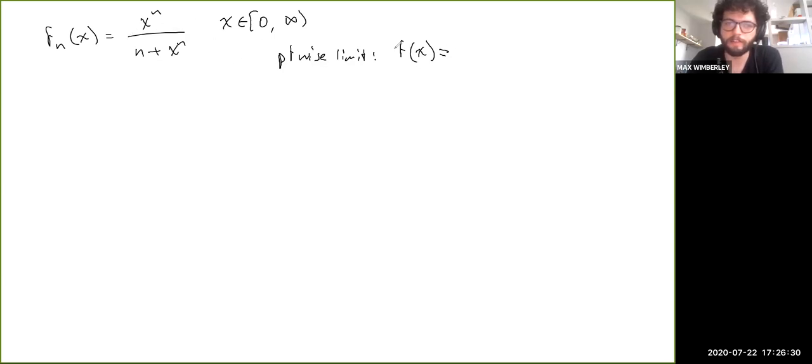When x is less than 1, these just approach 0, and as n increases, that makes it approach 0 even faster. So it's definitely still 0 for x in 0 to 1. And if x is 1, then you just get 1 over n plus 1, which approaches 0 as well.